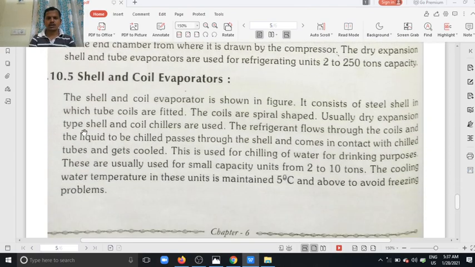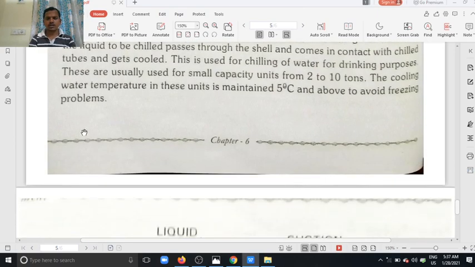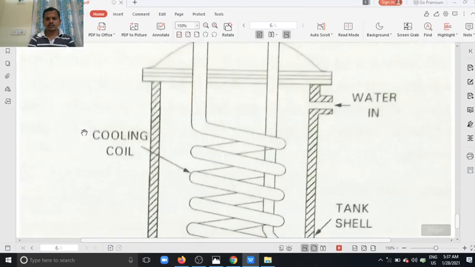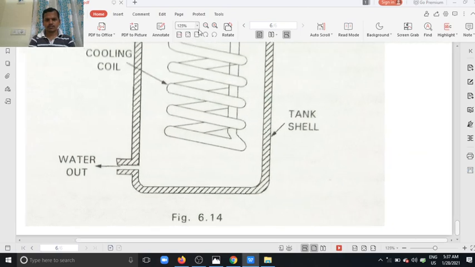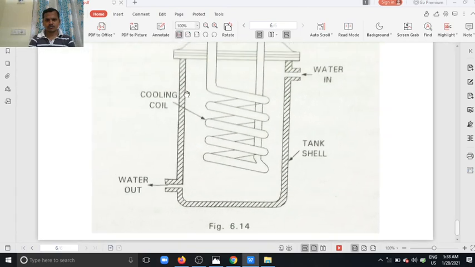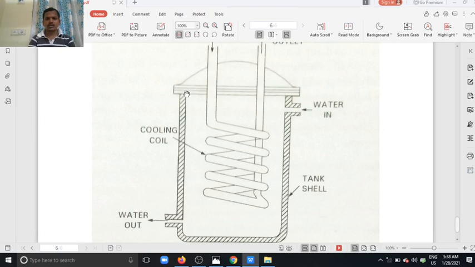So next is the shell and coil evaporator. So this is the shell and coil evaporator. This is the shell. In this shell, the coil is placed here.